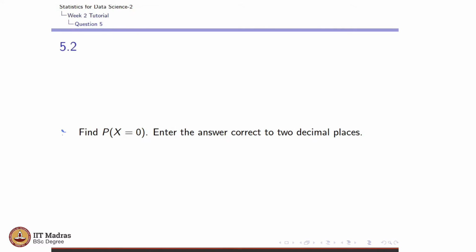The second part of the question is: find the probability that X equals 0. X is the maximum of U, V and W, so we have to find the probability that the maximum is 0. The maximum can be 0 only if each of U, V and W is 0.